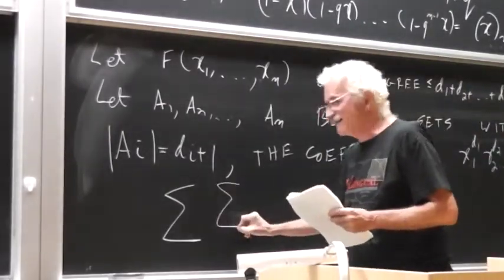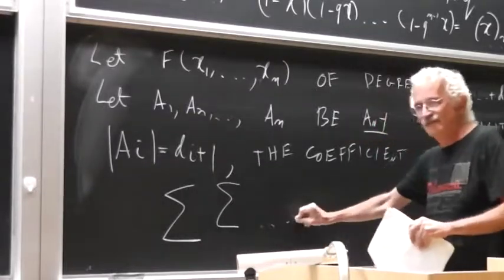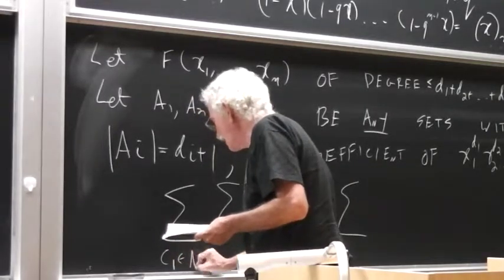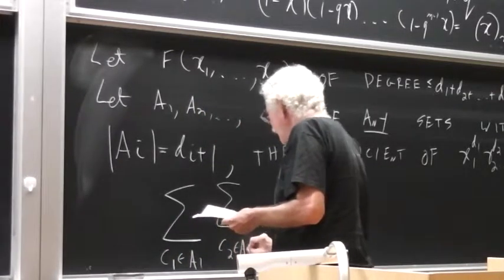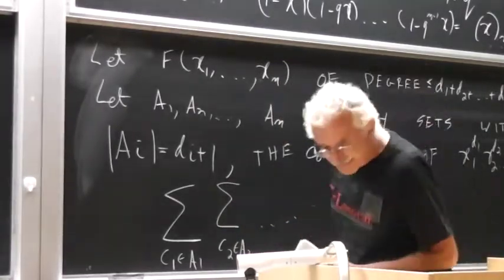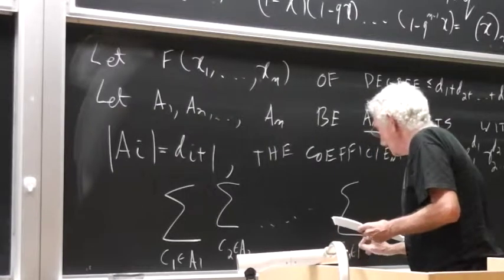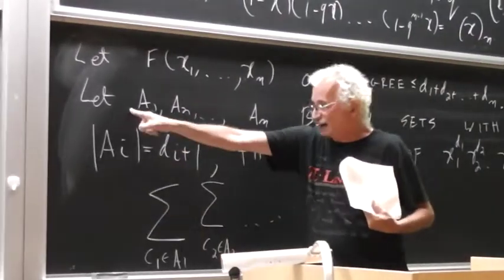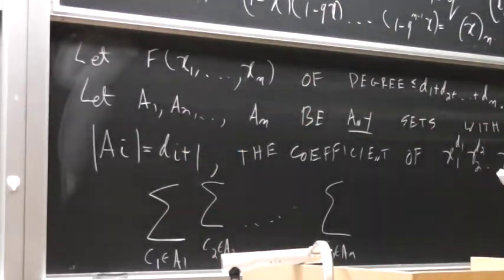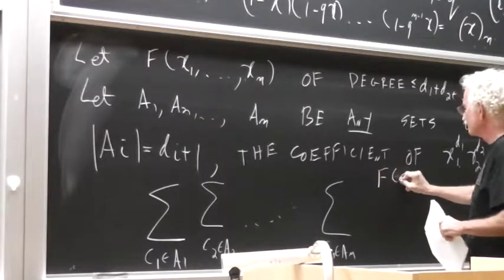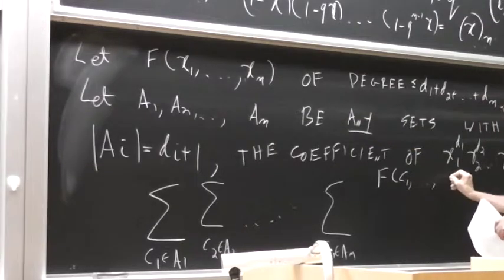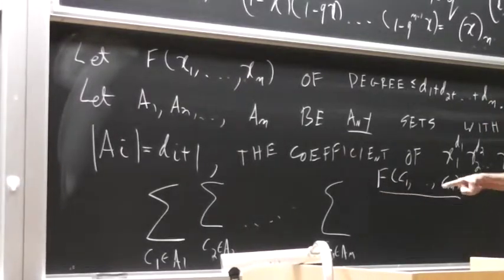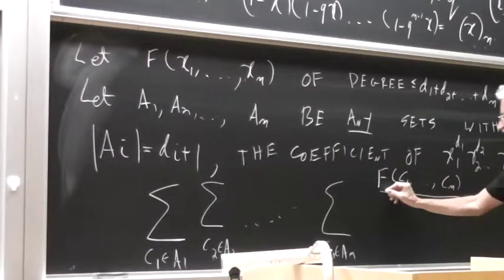Sigma, sigma, sigma. c1 belongs to A1, c2 belongs to A2, and cn belongs to An. So you have n sigmas. The first sigma ranges over the set A1, the second over set A2. And here comes the summand: capital F, the same polynomial f, evaluated at a typical point c1, c2, ..., cn in this Cartesian product, divided by the following.